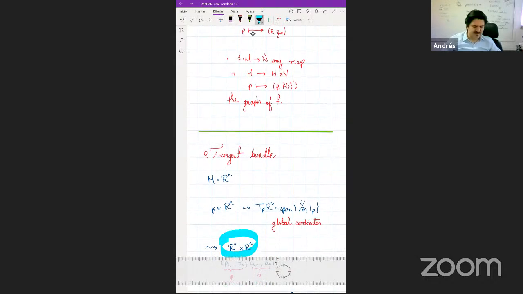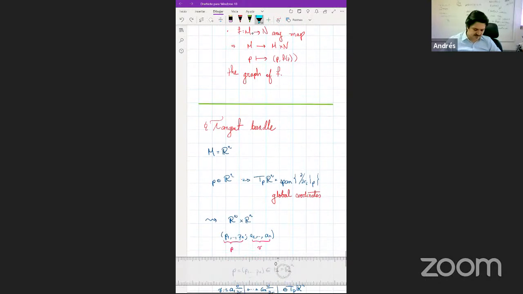So this is something not complicated, just a Cartesian product, but this is going to be our tangent bundle for the case of Rn. The first entries correspond to a point in the manifold, and the last entries will correspond to a vector on the tangent space of that point.